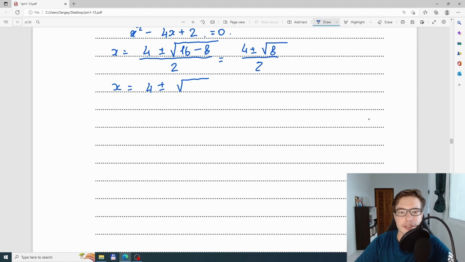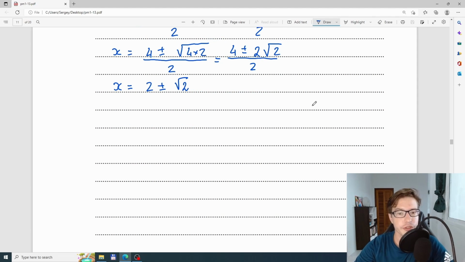I will think of 8 as 4 times 2. Okay, and then the square root of 4 becomes 2, and then the square root of 2 over 2. Okay, divide by 2. I'll get x = 2 plus or minus the square root of 2.